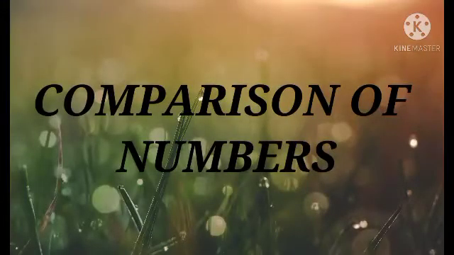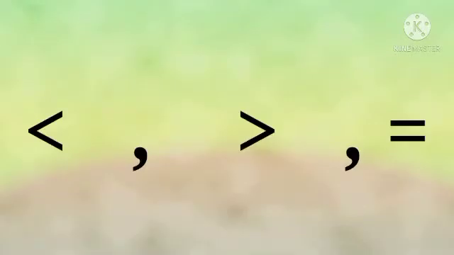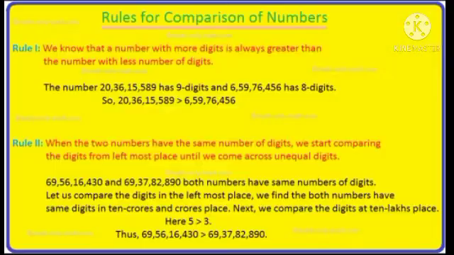Now let's see comparison of numbers. Students, you are all familiar with the concept of comparing numbers and finding the biggest among them. We use the symbols less than, greater than and equal to compare any two numbers. Here the rules of comparison of numbers are given. Let's see one by one.